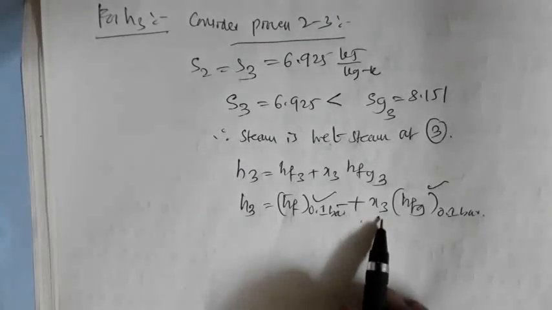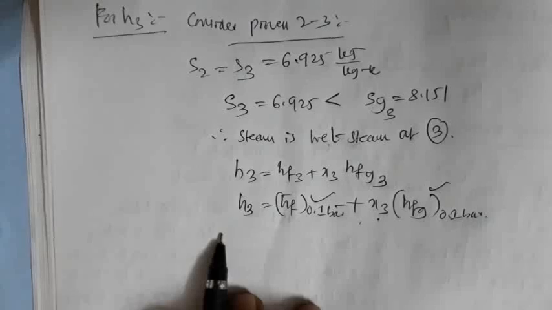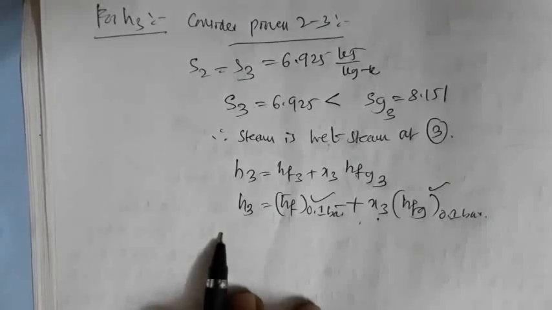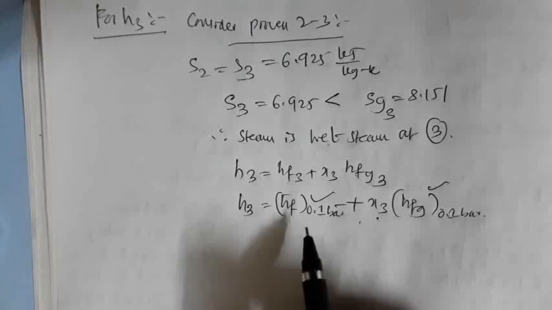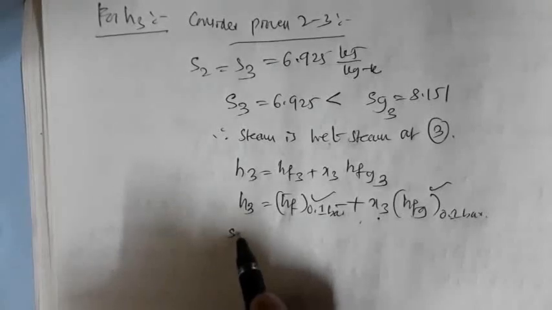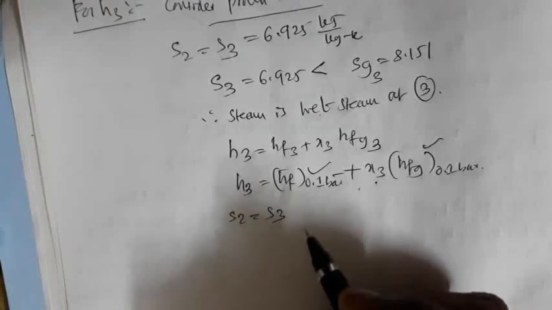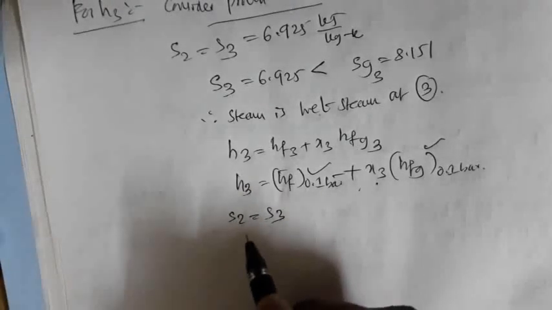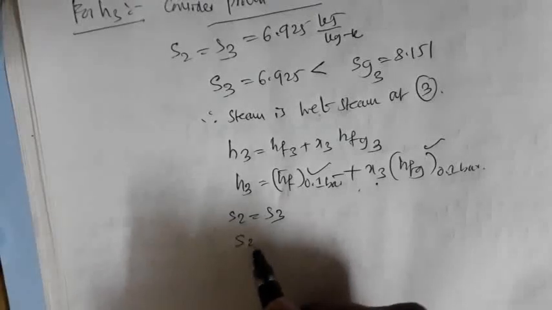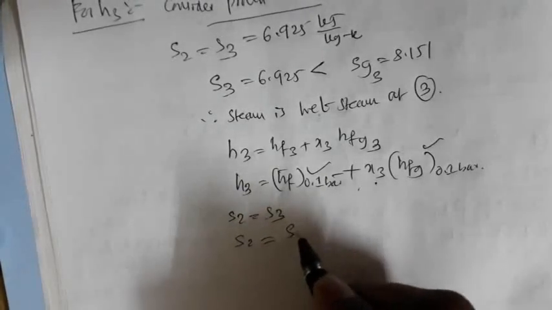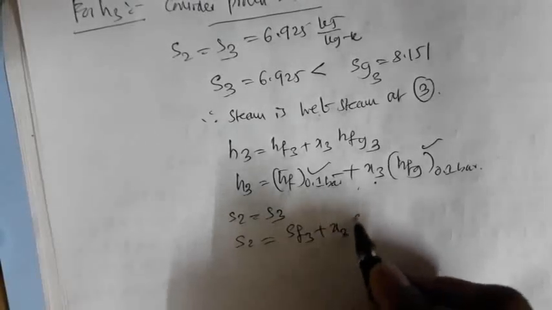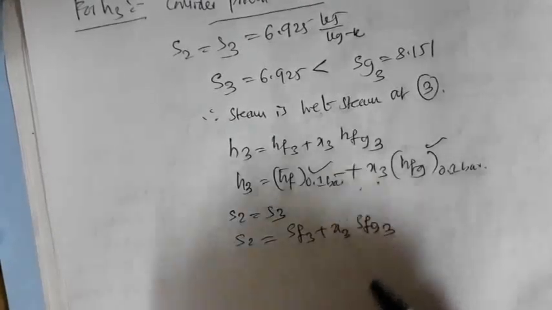So for getting the X3 value, we can apply the formula S2 is equal to S3. Since steam is wet at state 3, I can write S2 is equal to SF3 plus X3 into SFG3.